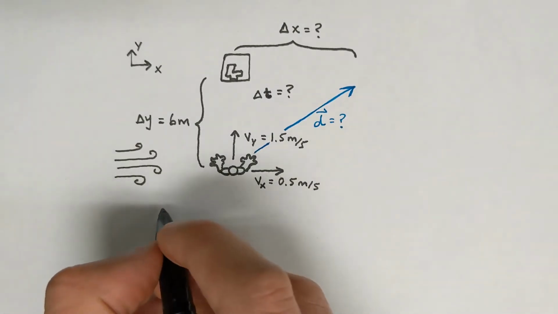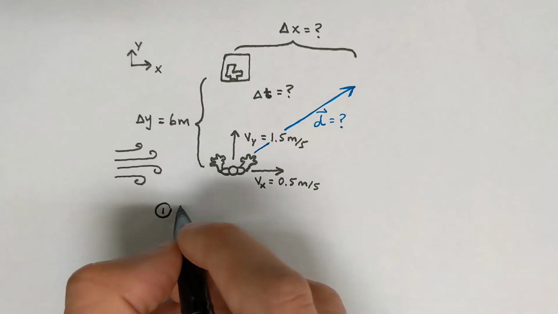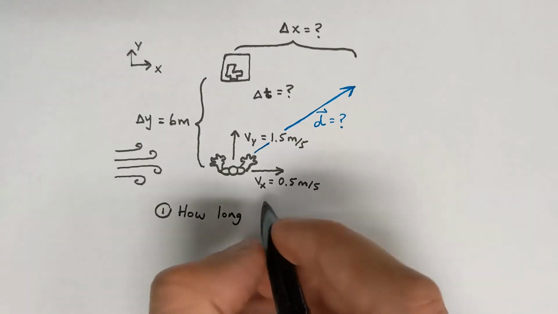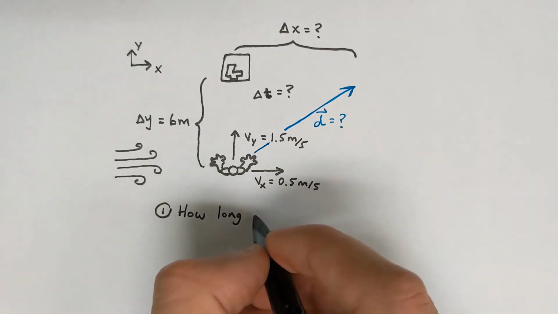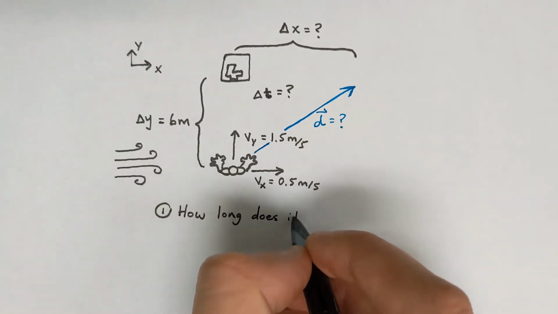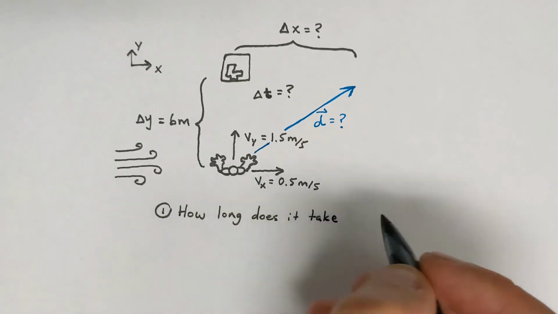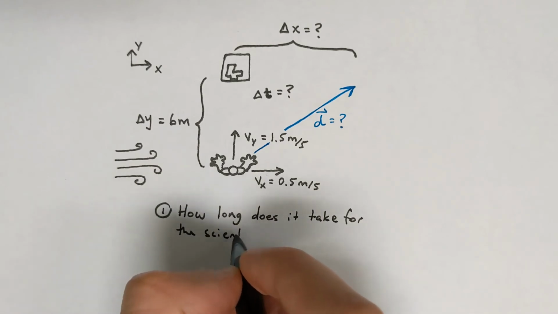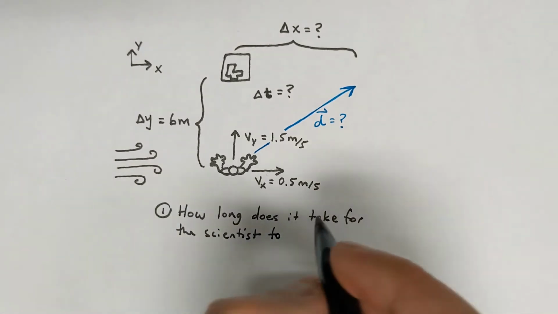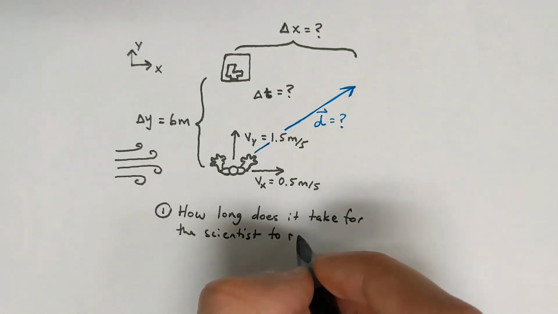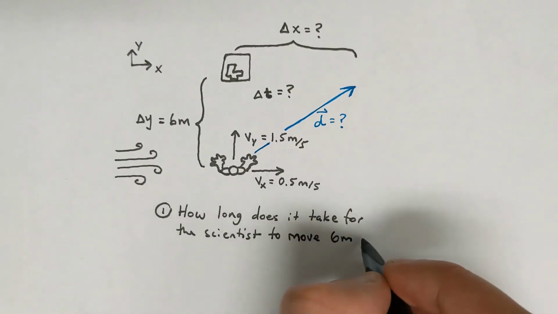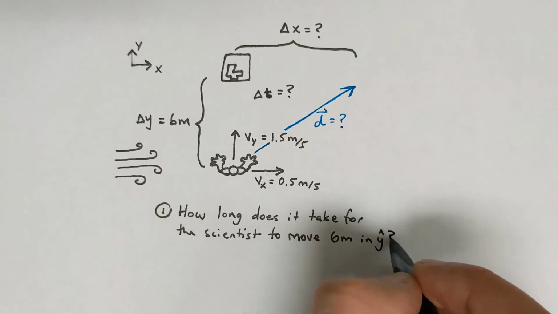Okay, so question number 1: how long does it take for the scientist to move 6 meters in the y direction?